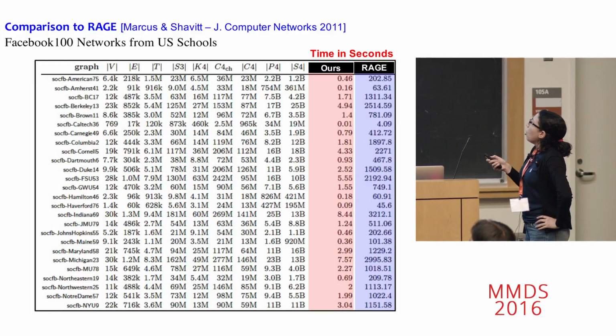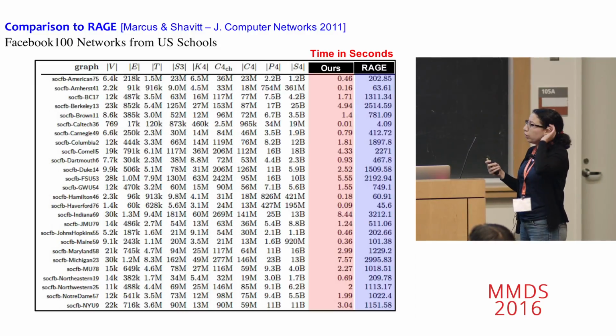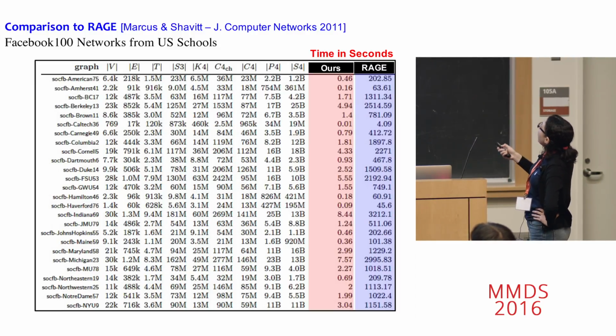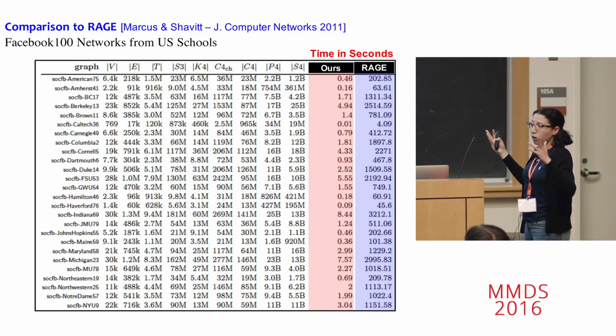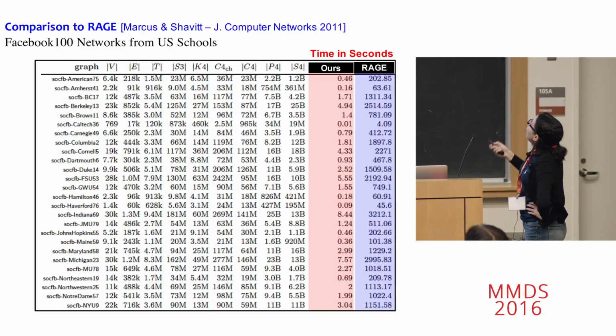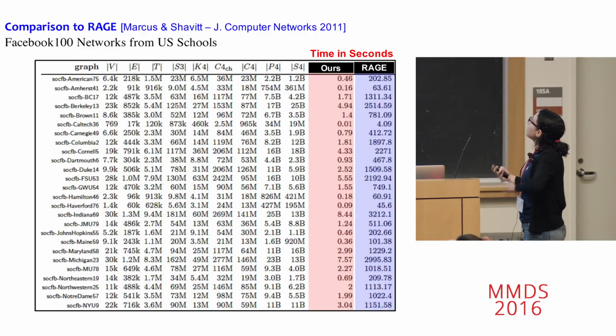This is a subset of the Facebook 100 networks, a well-known benchmark. We compare here to one of the major baseline methods that counts 4-node graphlets, and in our approach, we count both 3 and 4, so we obtain both.